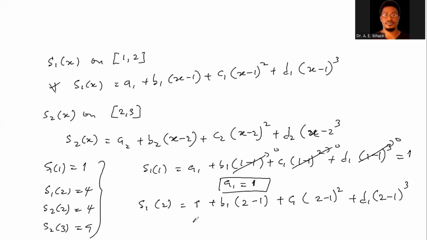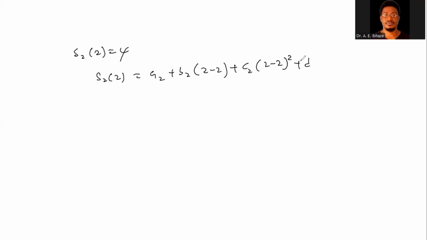And here we have 4 being the same as 1 plus b1 plus c1 plus d1, so that b1 plus c1 plus d1 is equal to 4 minus 1, which is equal to 3. So this is another equation. Now, we have to resolve for these 2 points, for which s2 of 2 is the same as 4 and s2 of 3 is the same as 9. So we'll plug them into this equation to derive the system of equations.